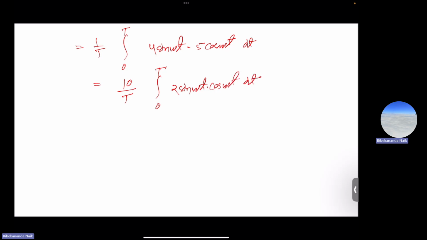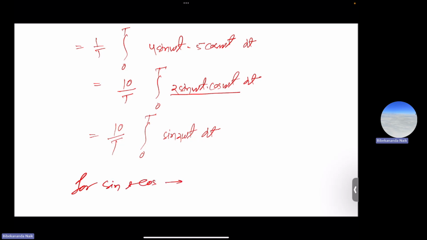Here 4 into 5 is 20, so 10 we take outside of the integration, because 2 sin omega t cos omega t we can write directly as sin 2 omega t dt from 0 to T. And then we know, for sine and cos, the integration over a complete cycle is always 0.